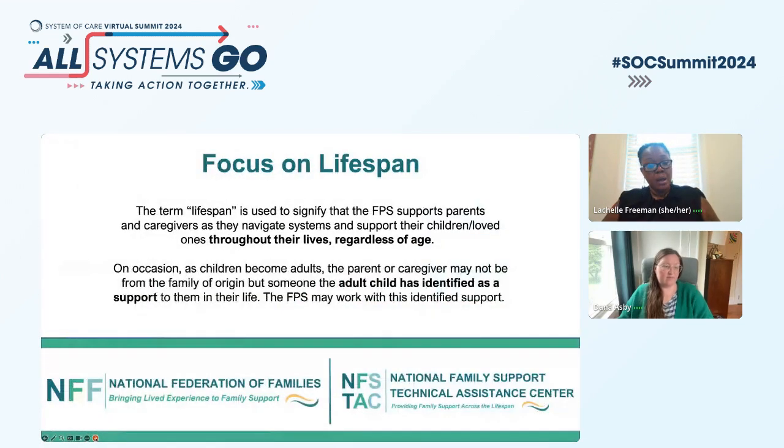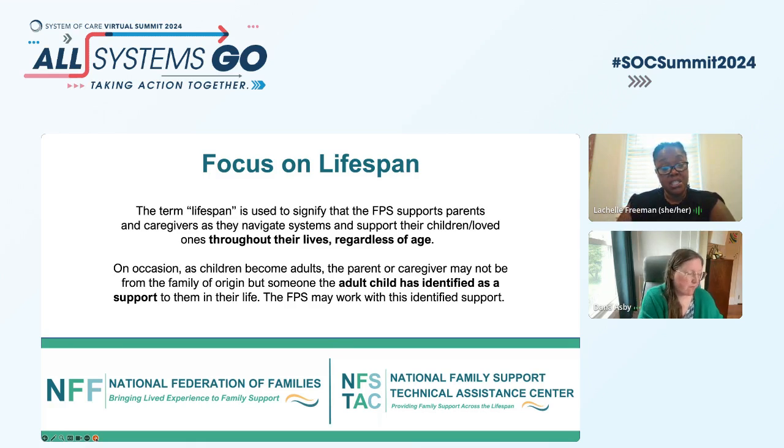And so let's talk about just the lifespan. Kind of like what we're saying is, once you have a child, that child is your child forever, whether your child is 5 months old or whether your child is 52. You still are a parent or a caregiver to that person. So we at the Federation of Families really want to speak to the lifespan, because there are different stages in parenting.